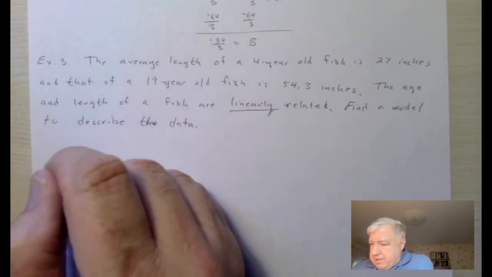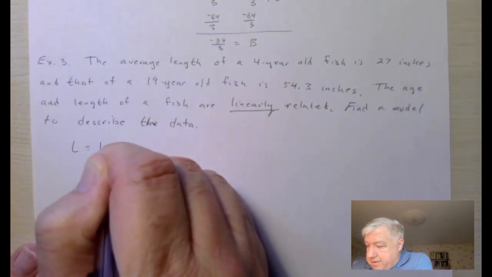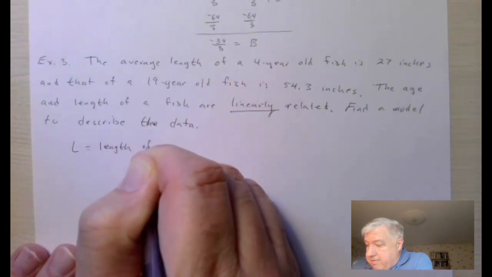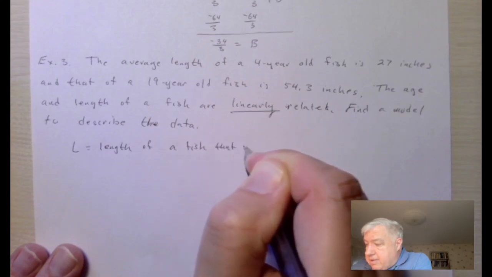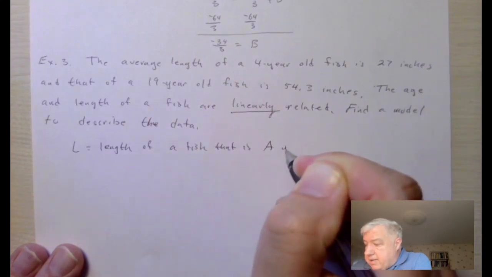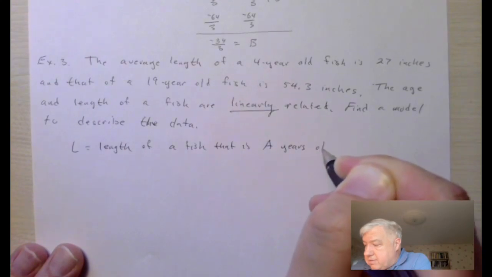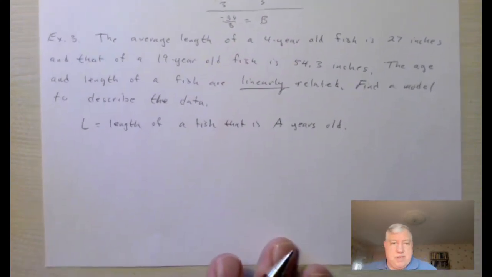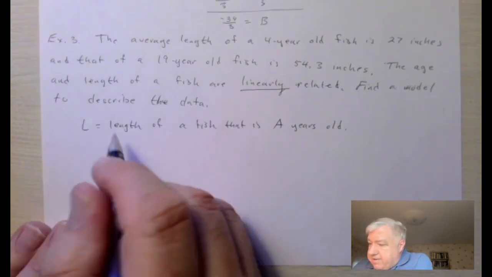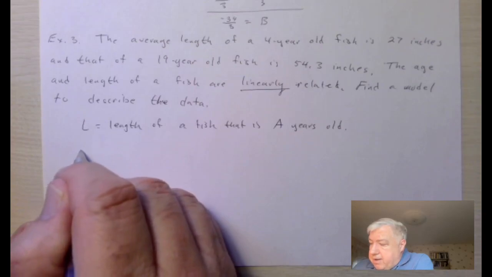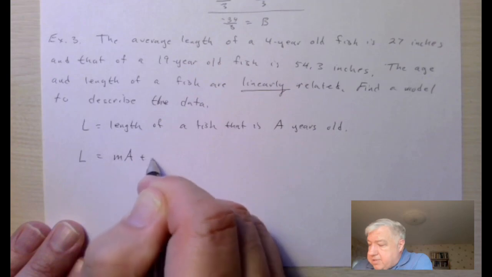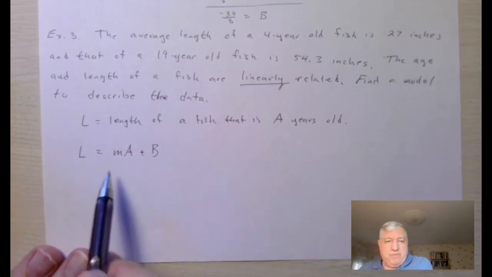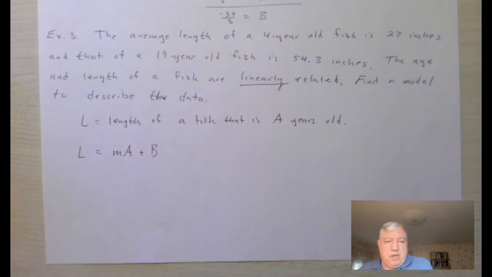First, I'm going to let L be the length of a fish that is A years old, where A represents the age. So L is going to be M A plus B, and we want to find what M and B are.